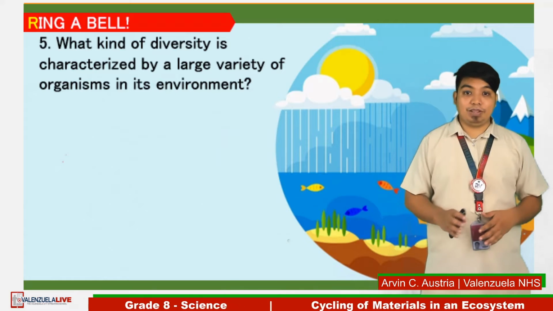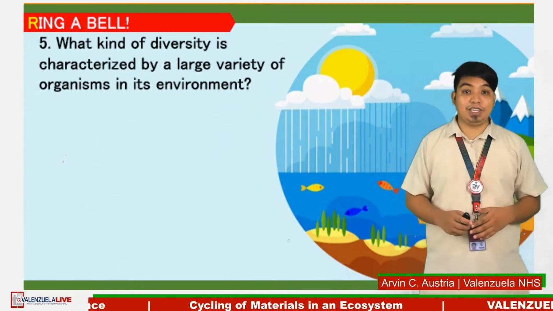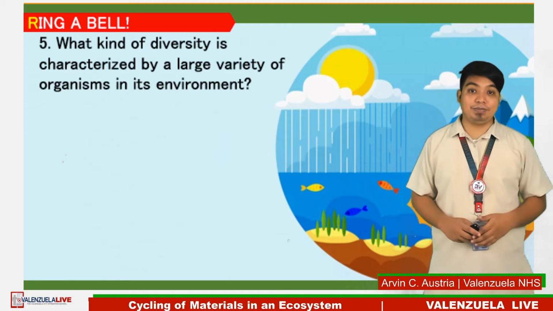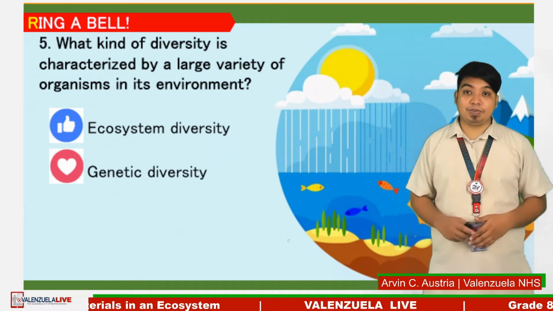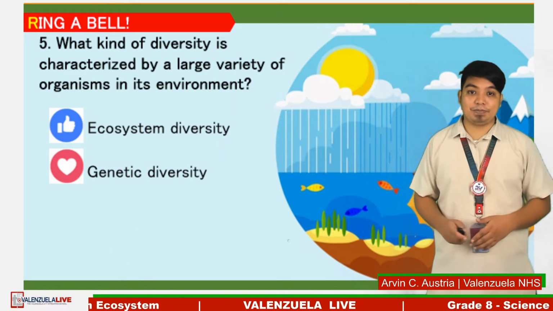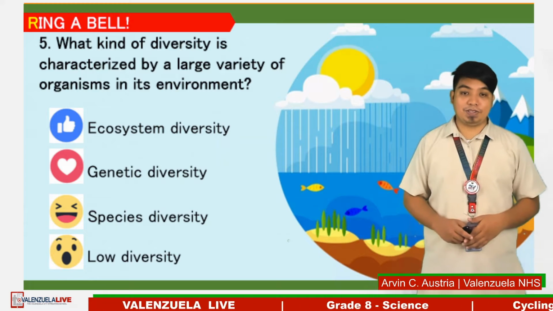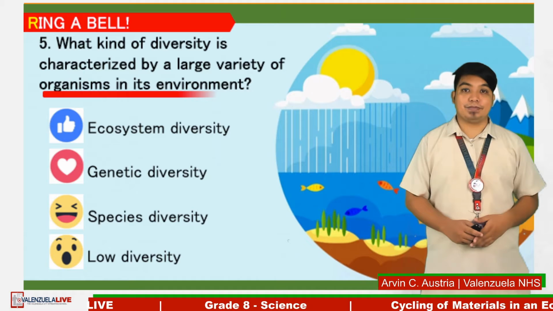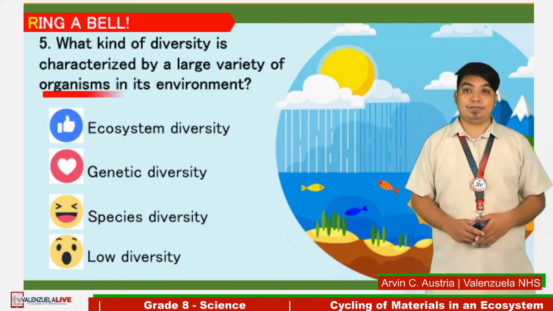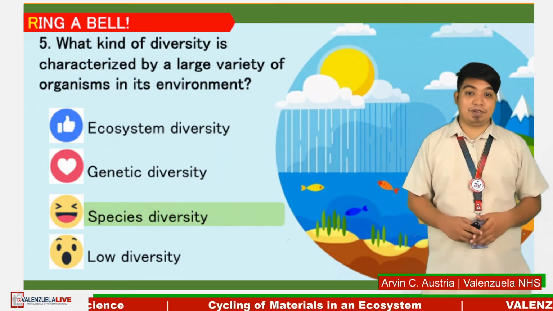What kind of biodiversity or diversity is characterized by a large variety of organisms in its environment? Is it ecosystem diversity, genetic diversity, species diversity, low diversity? 5 seconds. The correct answer is species diversity.